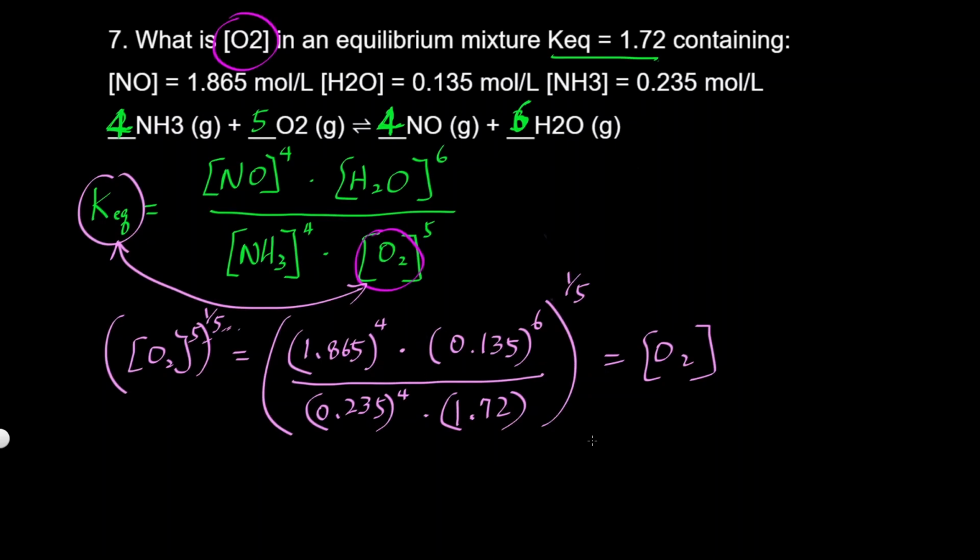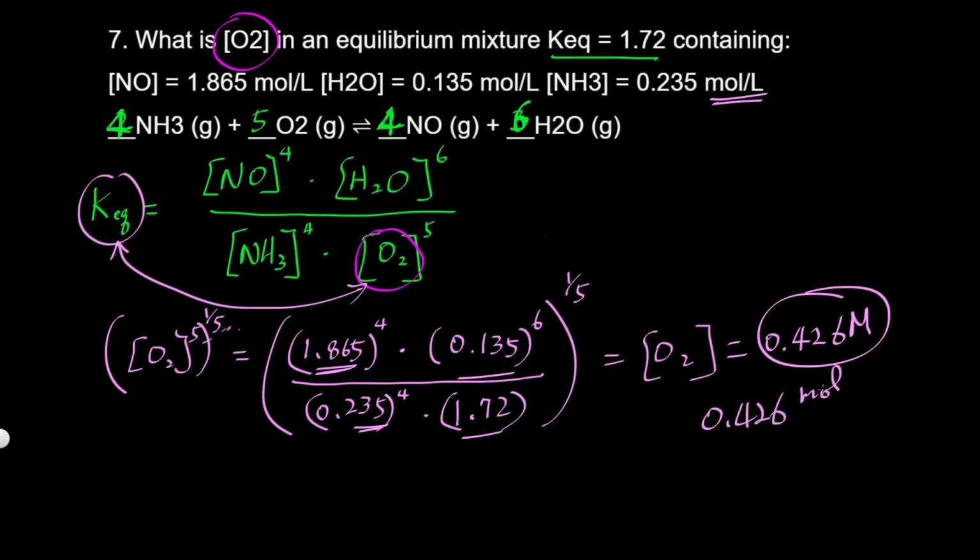When you calculate that out, it's going to be 0.426 because the sig fig here is 3. The unit must be molarity, or you could put mole over liter, just like the other ones here. 0.426 mole over liter. Okay, let's move on to number 8.